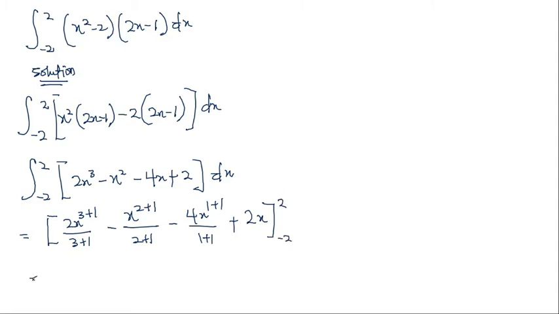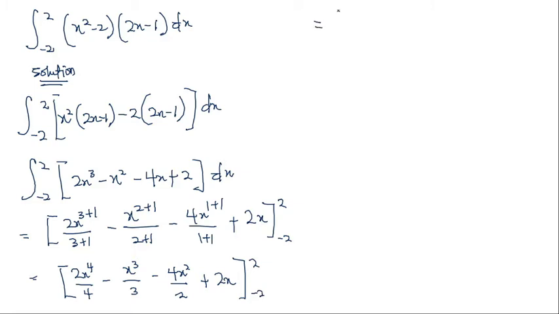Alright, so from here, what I get is 2x to the power 4 divided by 4, minus 2x cubed divided by 3, minus 4x squared divided by 2, then plus 2x, still applying my limits from -2 to 2.